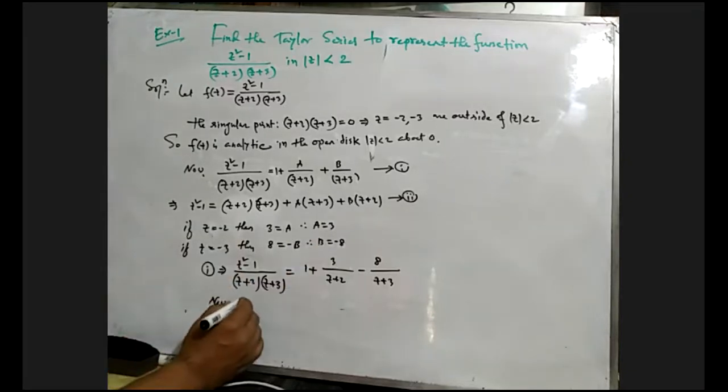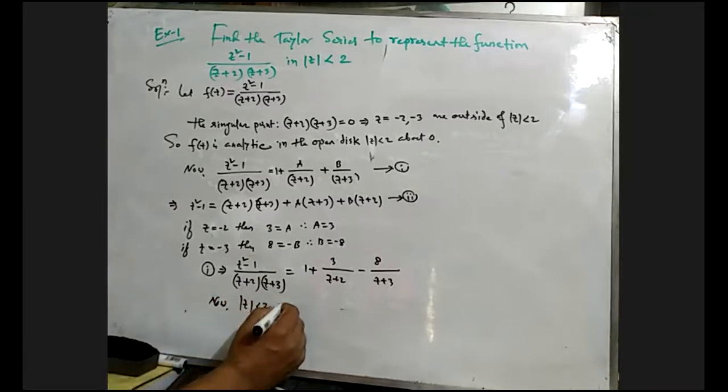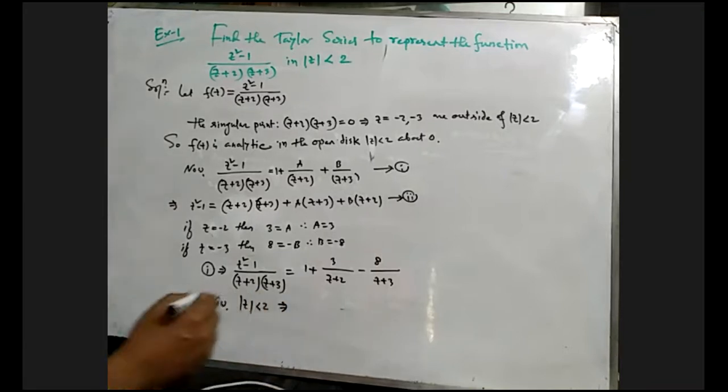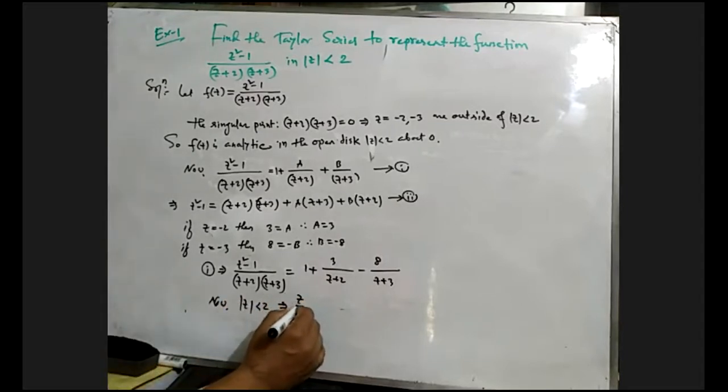we are given the circle with radius less than 2. This implies, if we divide by 2 on both sides, we can write less than 1.